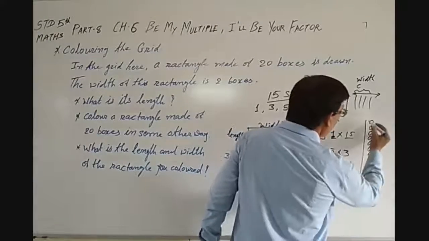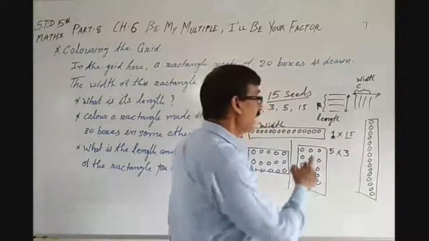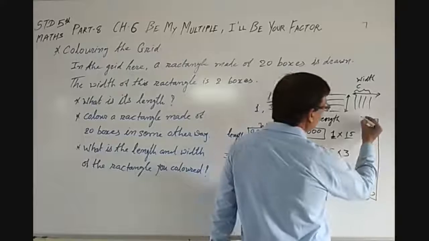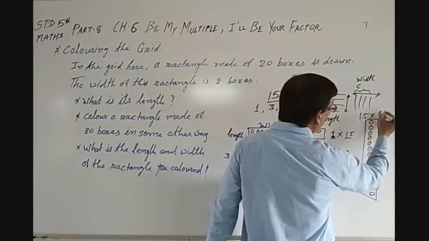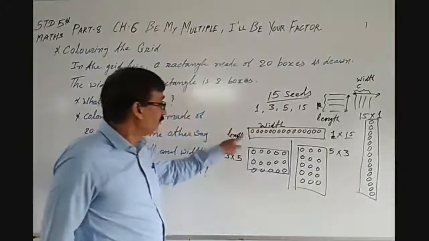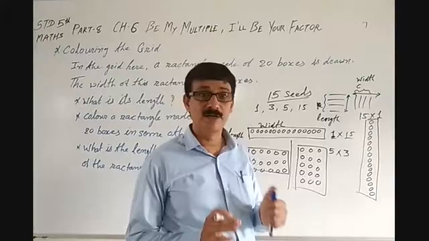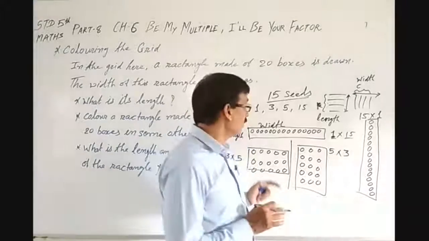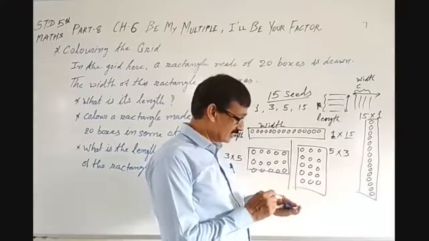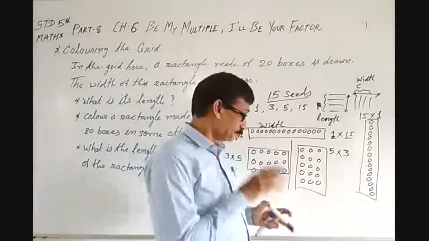So I should write 15 rows and one column. So total 1, 2, 3, 4 rectangles we can make. Okay. So this was the exercise of last part, I can say.